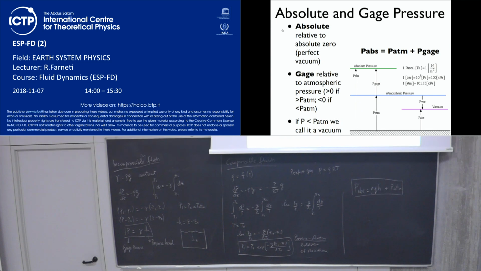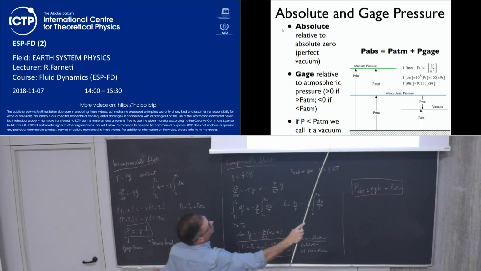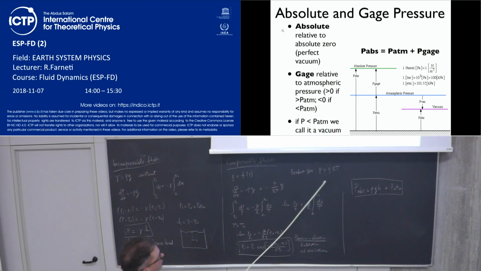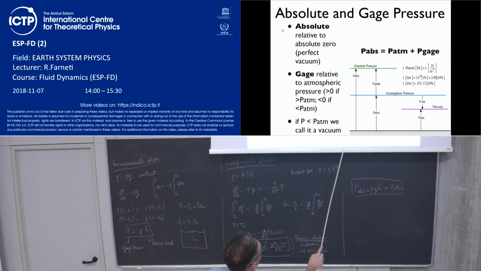If you take a reference level of the atmospheric pressure, your gauge pressure is just given by gamma H, whatever difference you have from the atmospheric pressure. So the atmospheric pressure plus the gauge pressure gives you the absolute pressure. Usually, whenever we say pressure, we talk about gauge pressure.